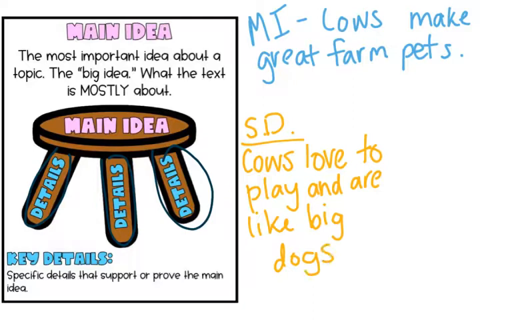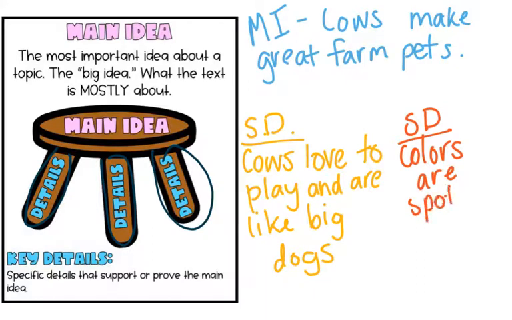So if we go back to my main idea of cows make great pets, this supports it. What would not support my main idea is cows are spotted. This does not support it. It's a bad example, so don't think of that.